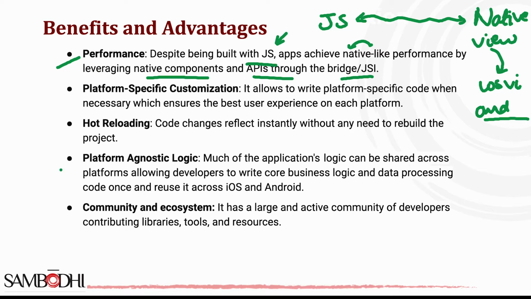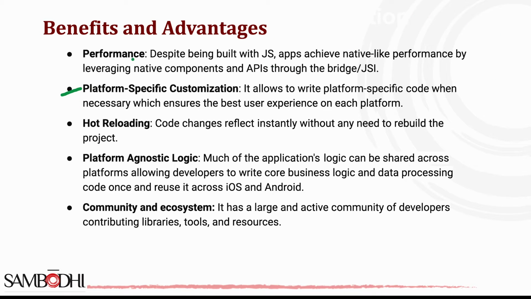So next thing is platform specific customization. It allows us to write platform specific code when necessary, which ensures the best user experience on each platform. Suppose we are writing JavaScript code in React Native. While we are writing this code, we have a Platform API from React Native, which lets us check if the platform is iOS or Android.